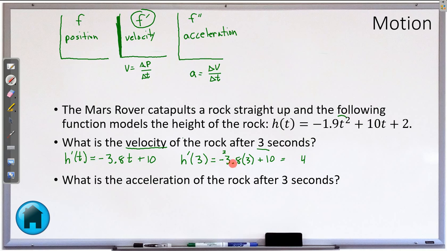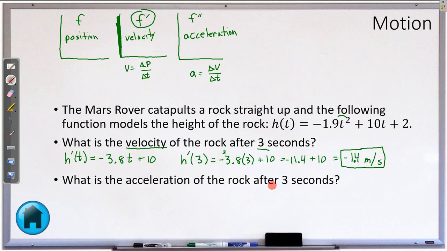Put the 2 up here. 3 times 3 is 9, 10, 11. So we get negative 11.4 plus 10, which is negative 1.4. I didn't give you any units. I believe that should have been meters per second is what I made those units come out to be. But as you can see, that is a velocity unit.